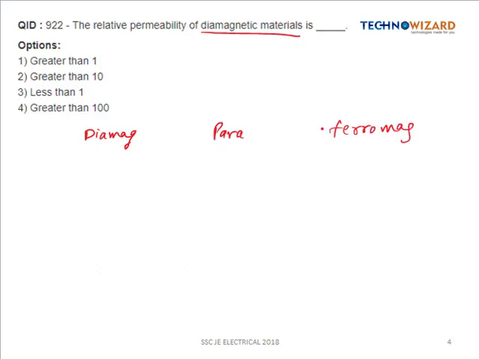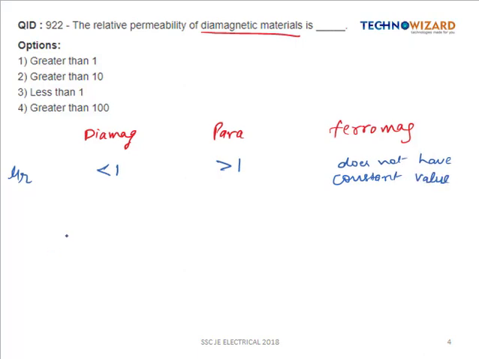If we talk about the differences between them in terms of relative permeability, the relative permeability of the diamagnetic material will be less than 1, and in case of the paramagnetic material it will be slightly more than 1. But the ferromagnetic material does not have a constant relative permeability value. It changes, it may increase or decrease also.